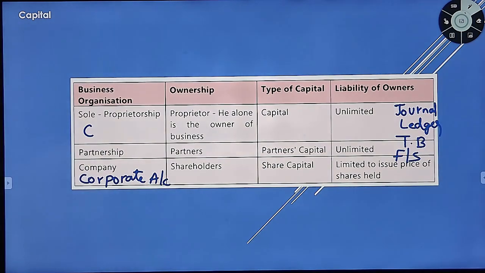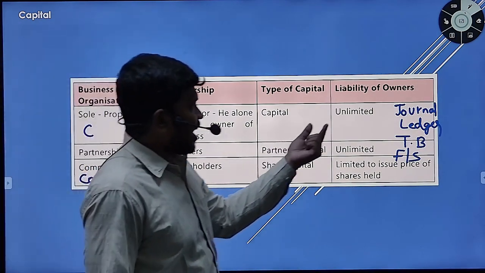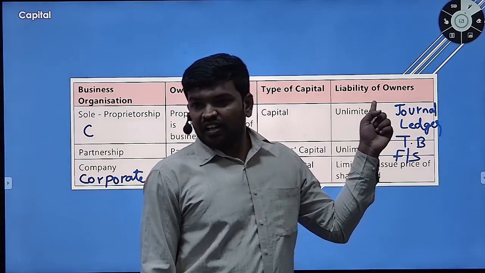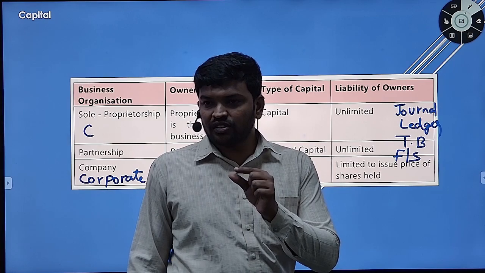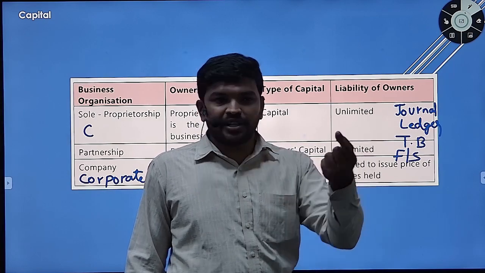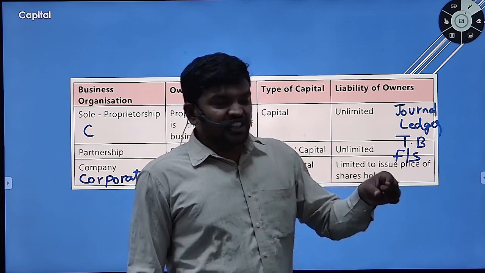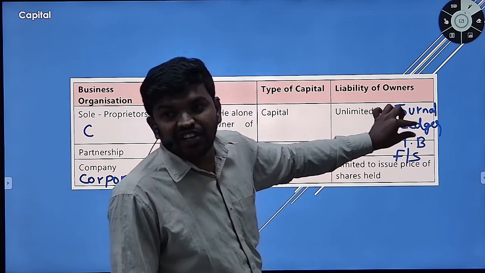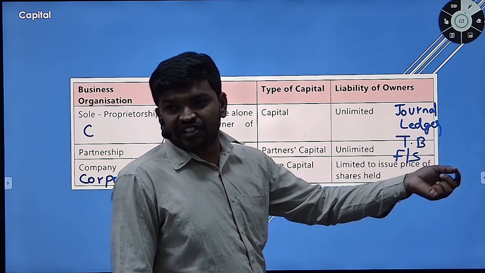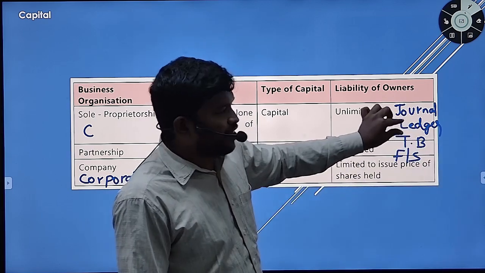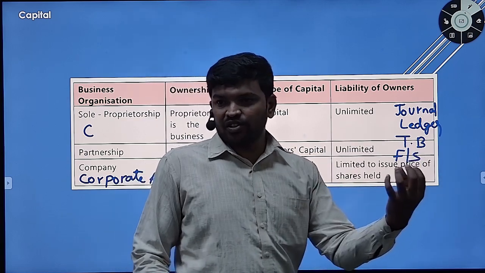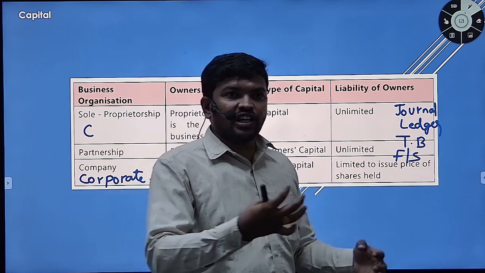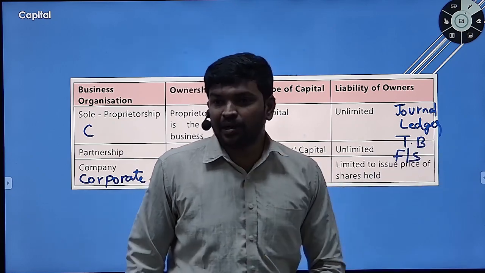Whenever a transaction happens, you record it in the journal. Every journal entry will have minimum 2 ledger accounts; some account is debited, some account is credited. You maintain these in the ledger and post there. At the end of the financial year, you take the balance of each ledger account into the trial balance.